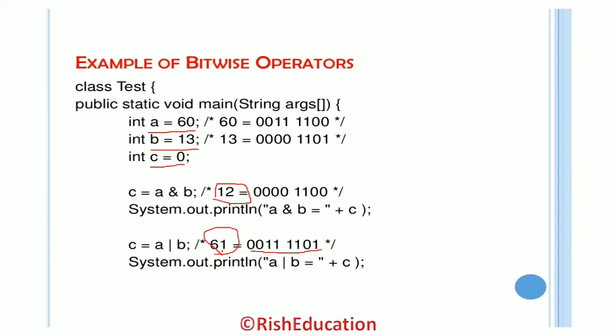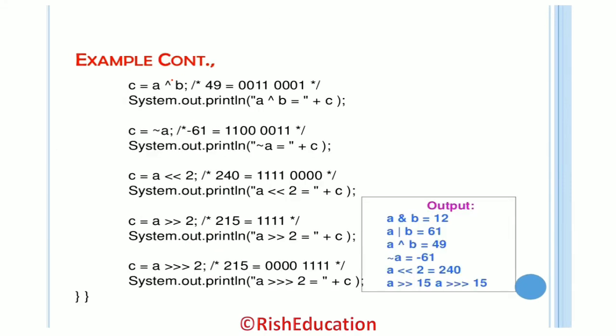Now if we do the XOR operation, then the result will be 49, that means 00110001.